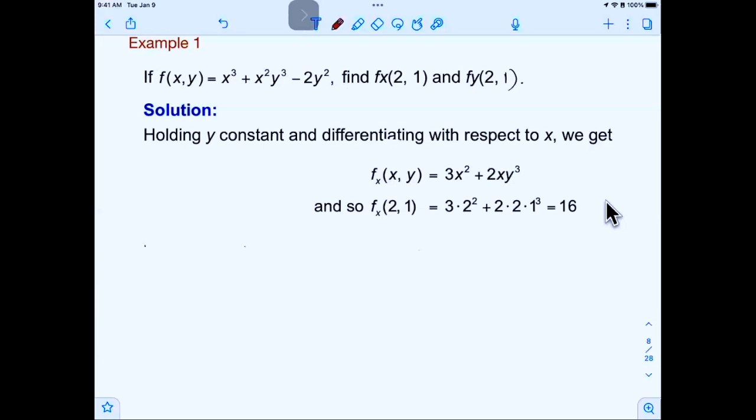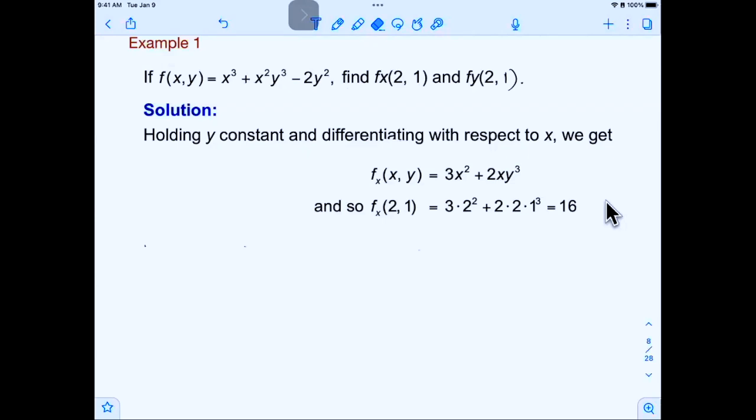This time when you take the derivative with respect to y, you're going to think about this x here as constant, right? So let's try this. Let's take a look at the first one. What's the derivative of x cubed with respect to y? 0. Good.